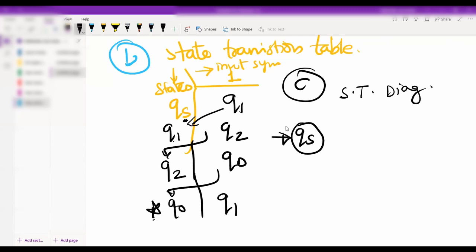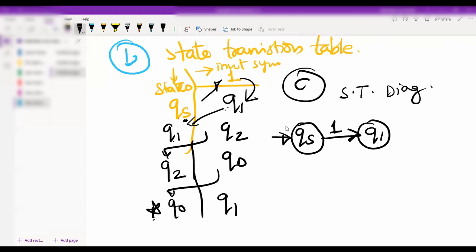Now QS on 1, where is it going? QS on 1 goes to Q1. So the resultant state we have to draw by putting a circle and naming it Q1, and we draw an arrow from QS to Q1 and write the symbol on it.